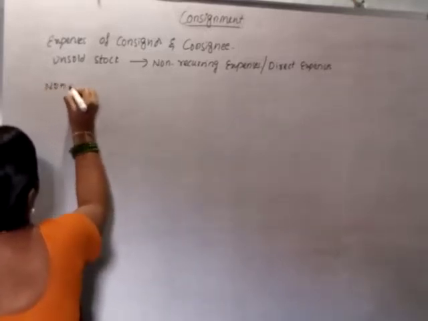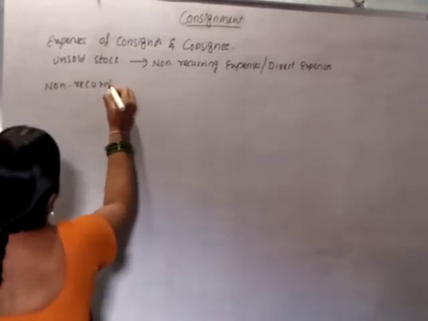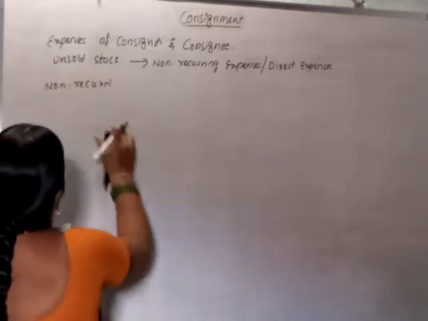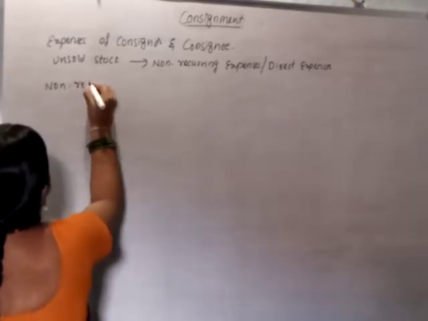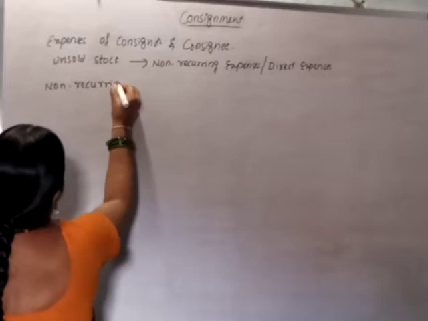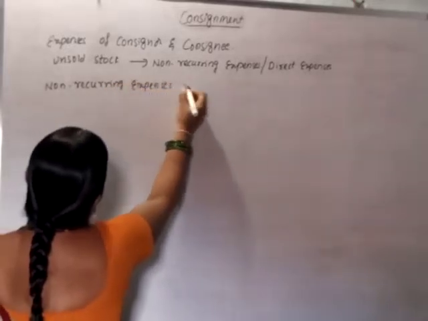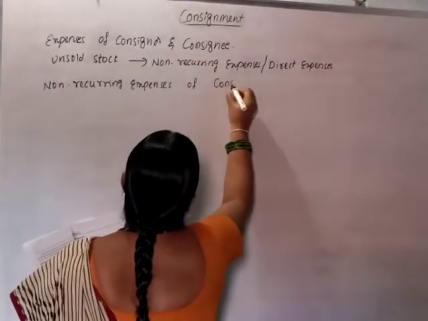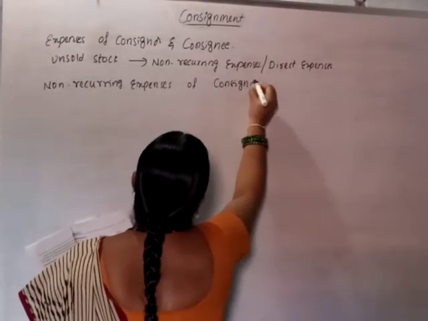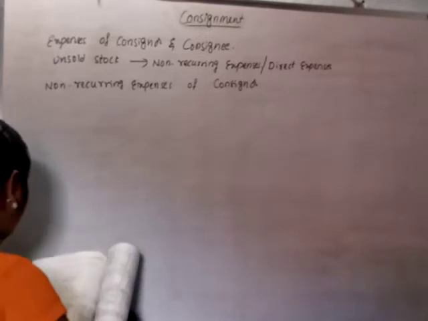Write down here non-recurring expenses of consignor. First of all, we have to take the non-recurring expenses of the consignor. We'll go through them one by one. What are they?